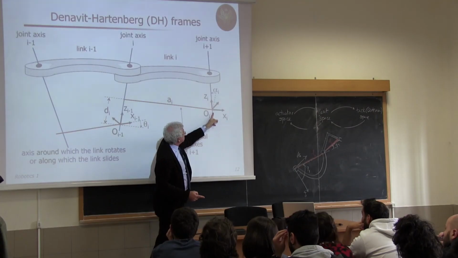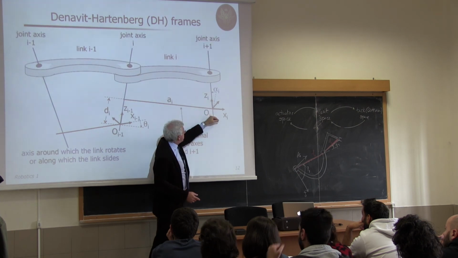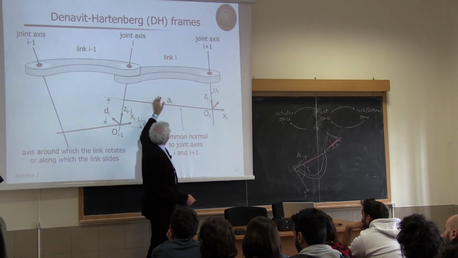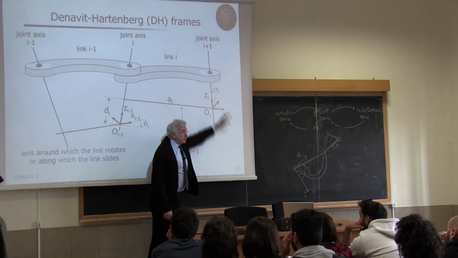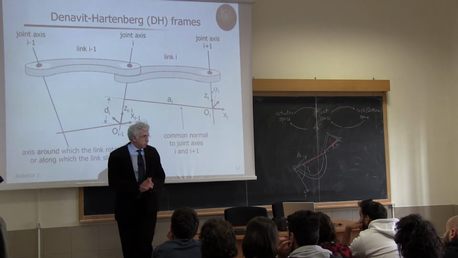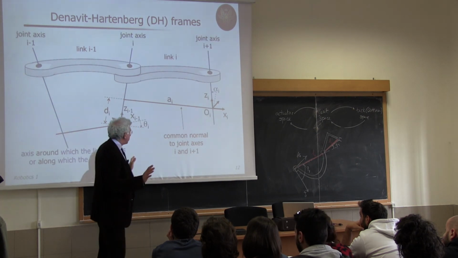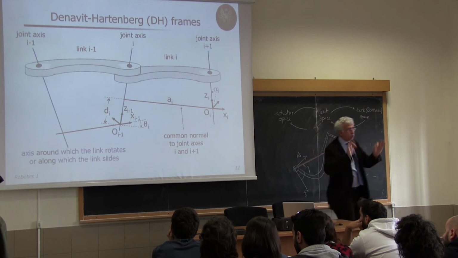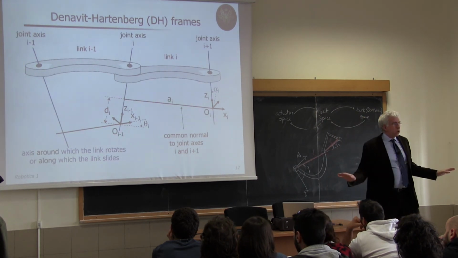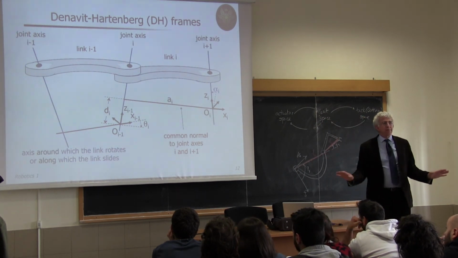Here it is. Again, up or down, it's not important. Xi is along the link axis of link I, and Yi is completing the orthogonal. Okay? This is the rule. It's simple. If you think about this, that frames go with links, you won't make mistakes.